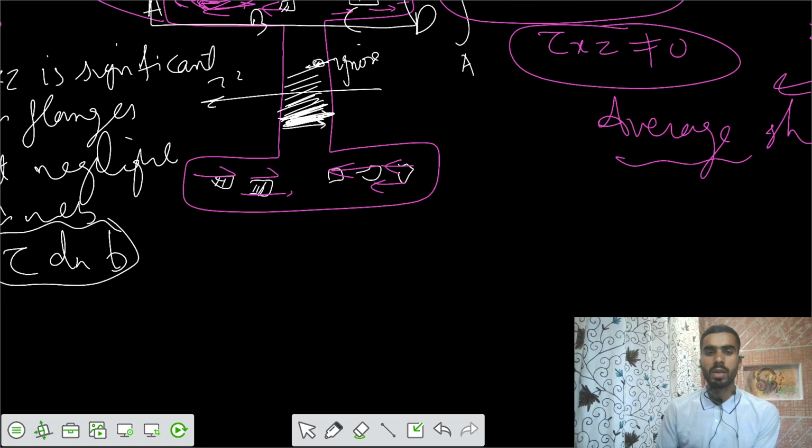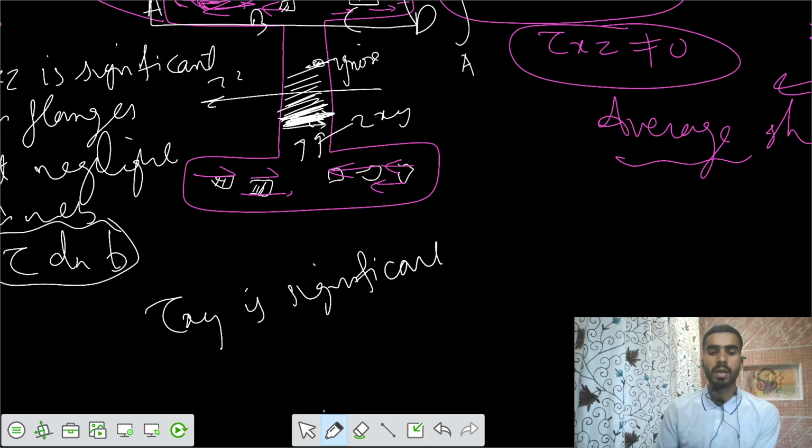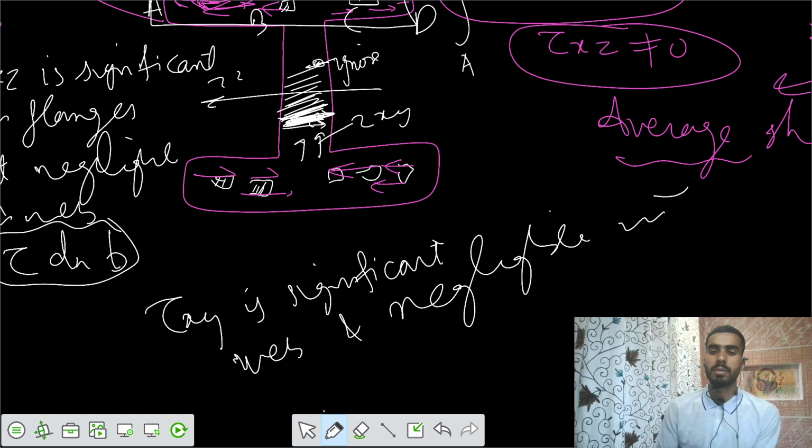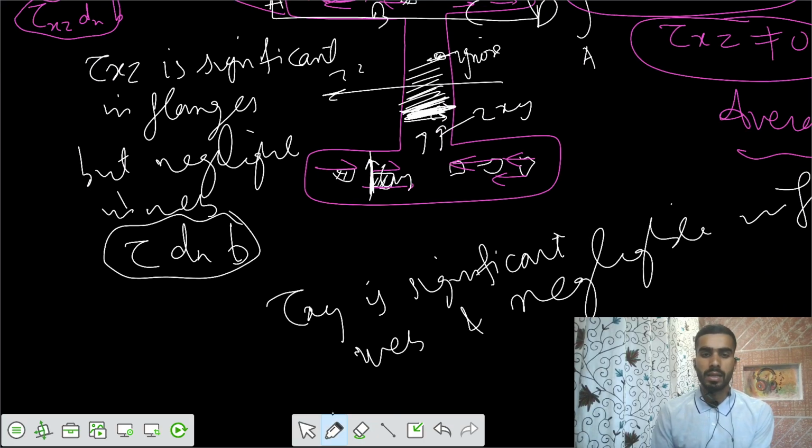But if you talk about the tau xy, this is tau xy, that is significant in the web, but we can say negligible in the flanges, because for the flanges, if you have some shear stress tau xy, that means your thickness is very less.